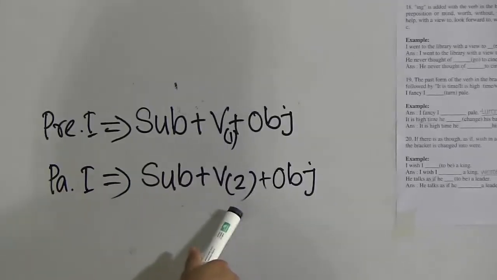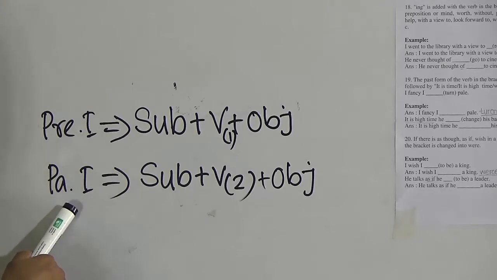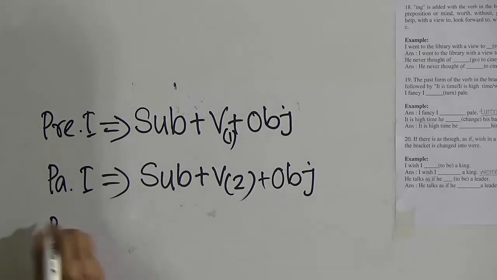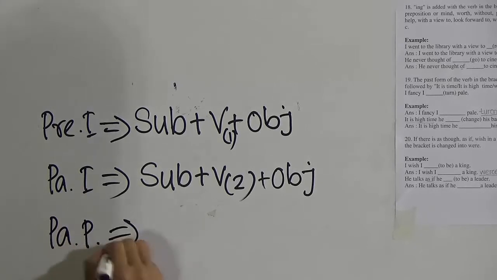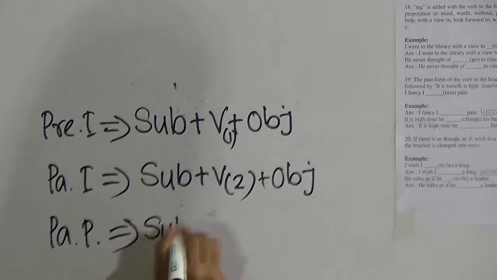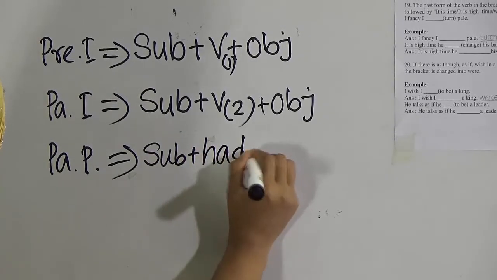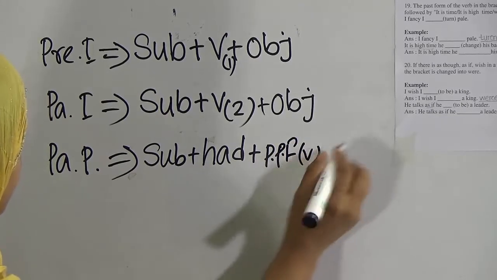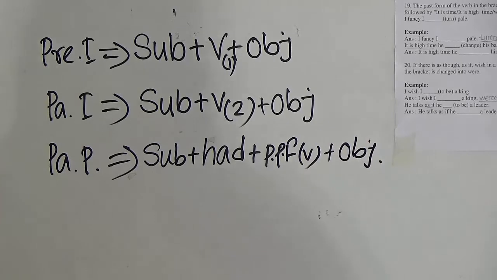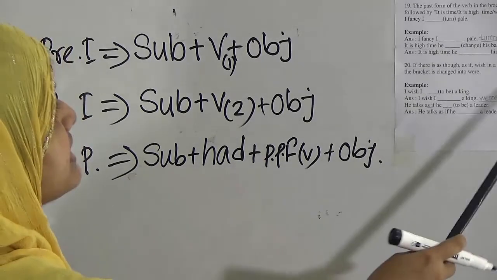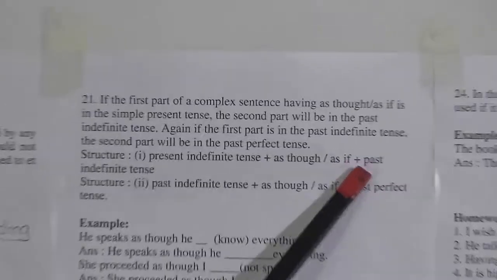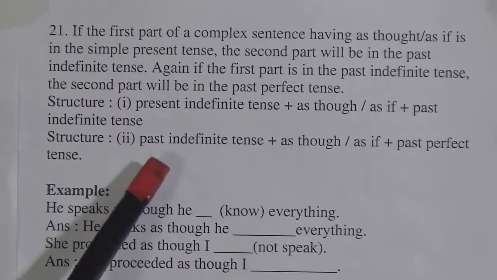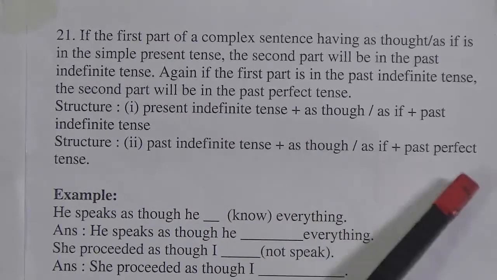And at last, past perfect tense: the structure is subject plus had plus past participle form of the verb, then object. So here we are saying that present indefinite tense plus as though or as if is followed by past indefinite tense. And next, past indefinite tense plus as though or as if is followed by past perfect tense.